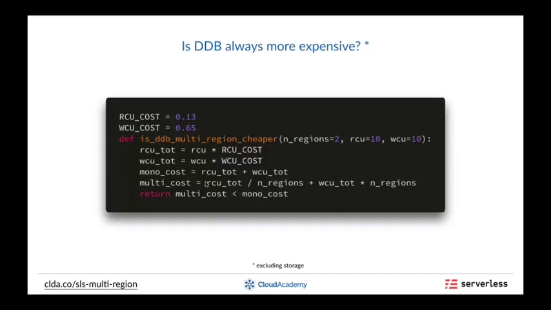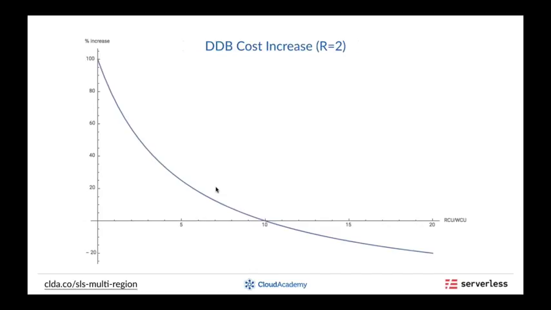You can assume that your read capacity will be split across your regions. So for a very high value of read capacity with respect to write, your cost will go down. And this is not cost in dollars. This is a percentage increase. It means that when it's 0, it will cost you the same, right?